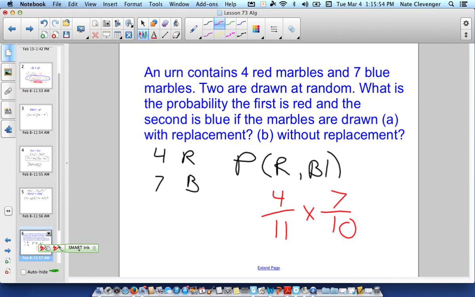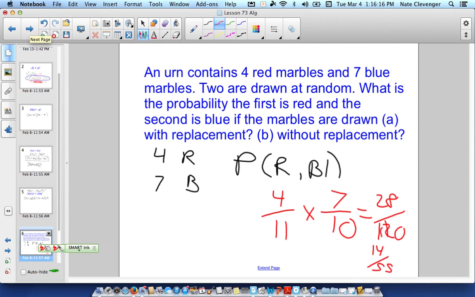Then we multiply those, and that gives you 28 out of, try it again, 110. Nice. And can you reduce it? Yes. 14 55ths.